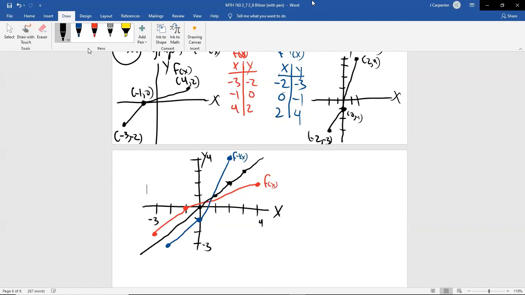And there is the line y equals x, which is our mirror. And I think that looks like a pretty good mirror, even with my lack of artistic ability and blind drawing tablet. Flying blind.